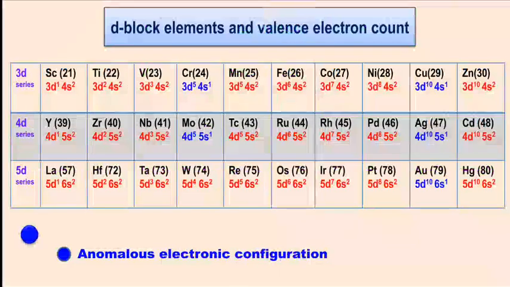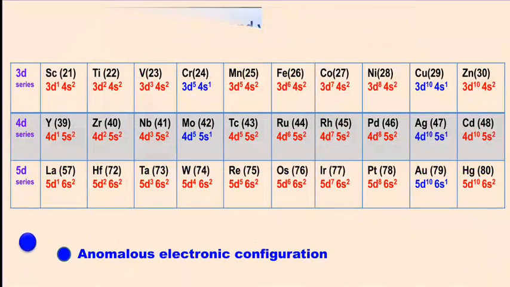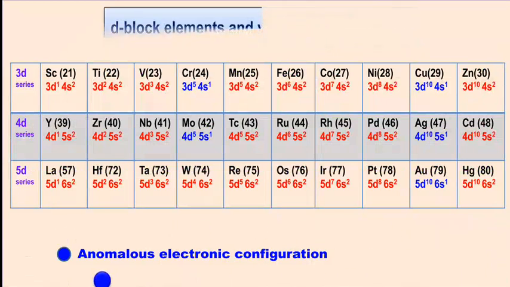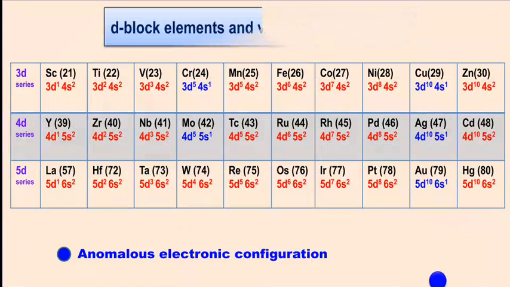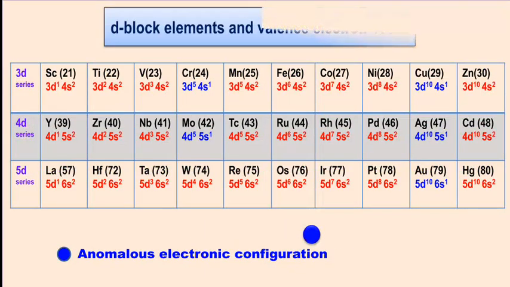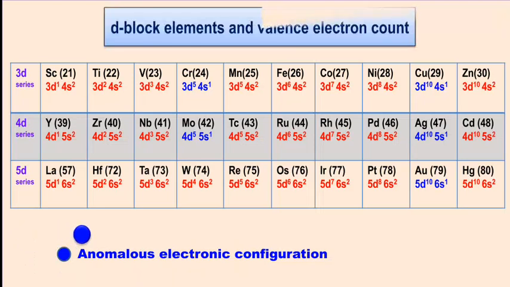So let us start with the bonding in tetrahedral complexes. Friends, you can see this chart giving the information about the valence electron configuration of d block elements. In the d block there are 4 series, 3d, 4d and 5d series.